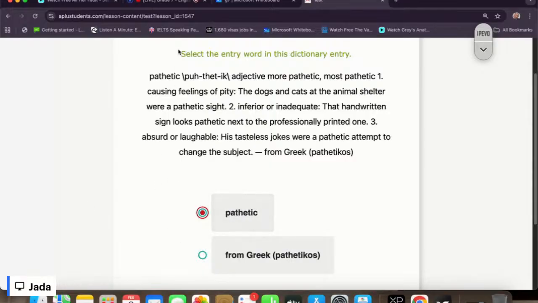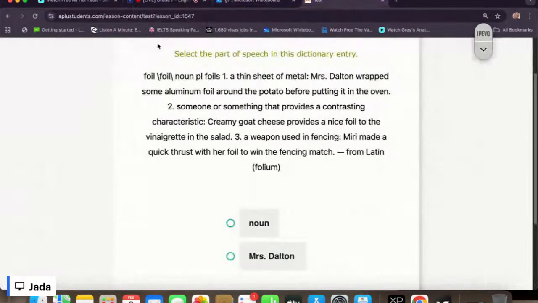Okay, so we have pathetic. Then select the part of speech in this dictionary entry. What's the part of speech here?